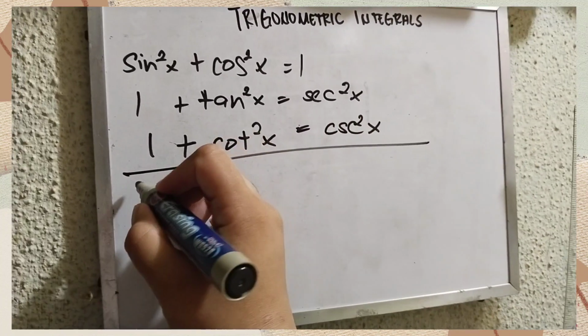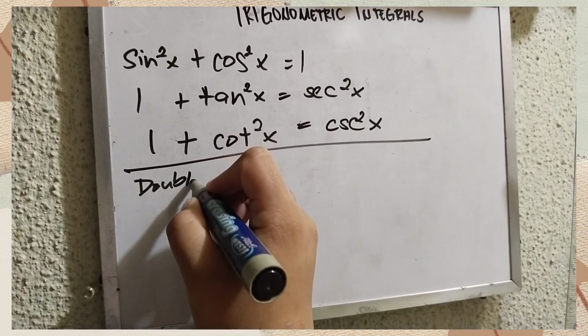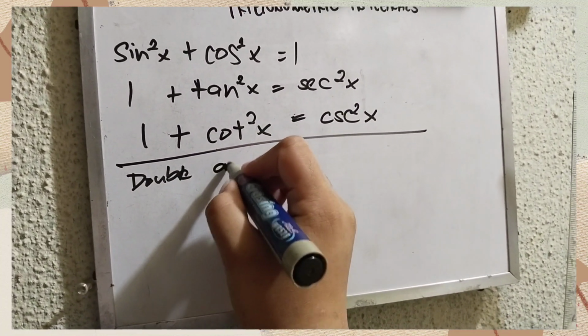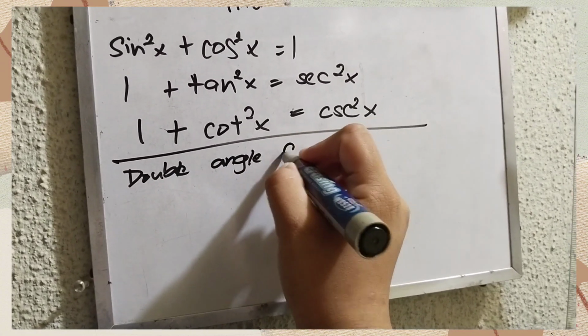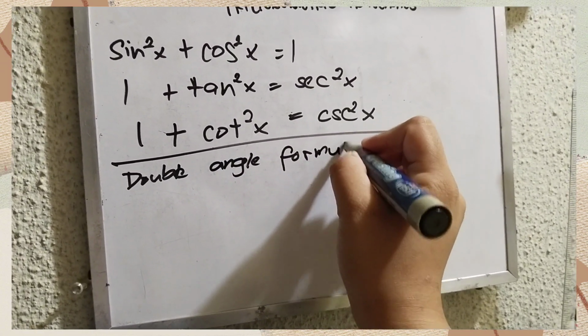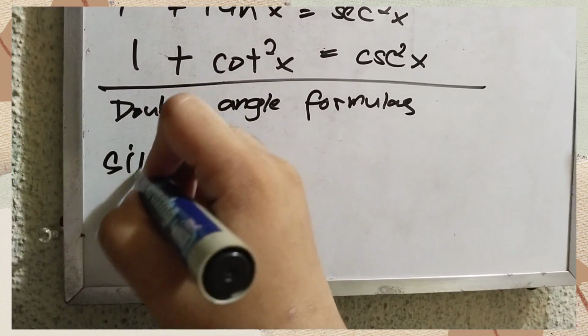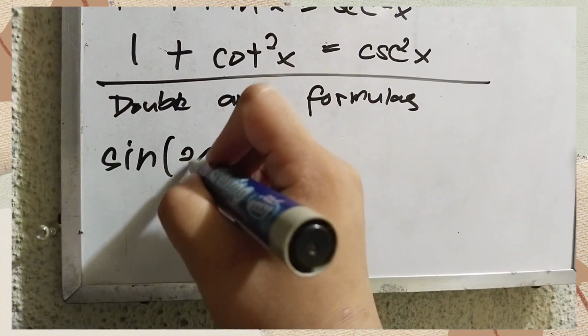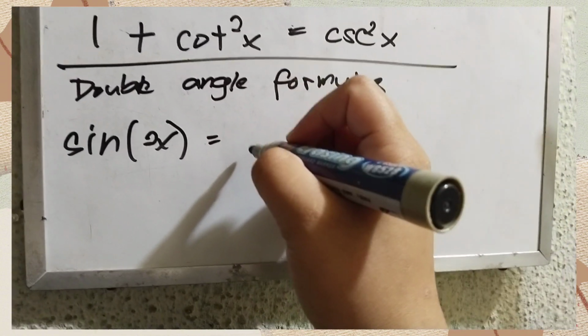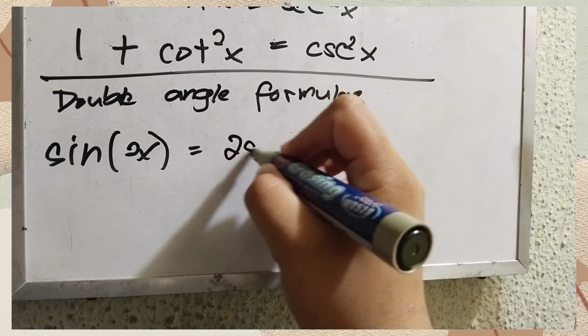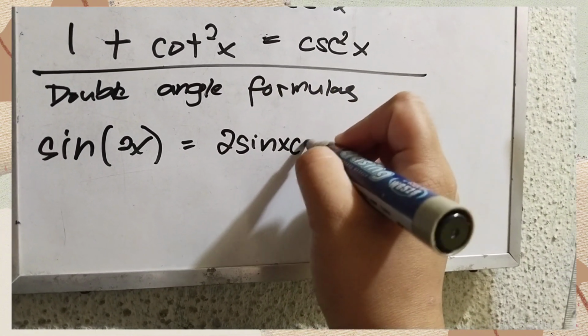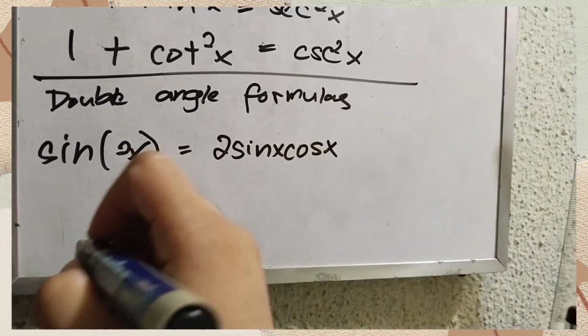Now, we also have what we call double angle formulas. So sine 2x is equal to 2 sine x cosine x.